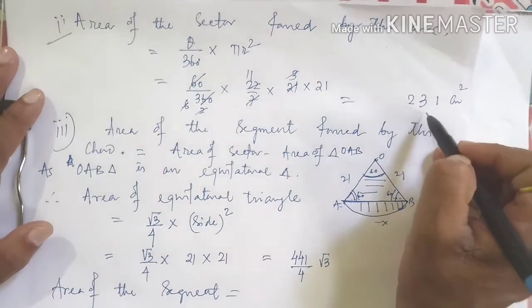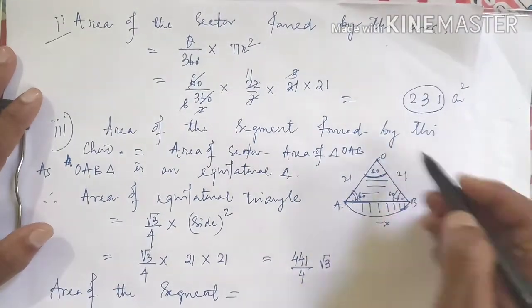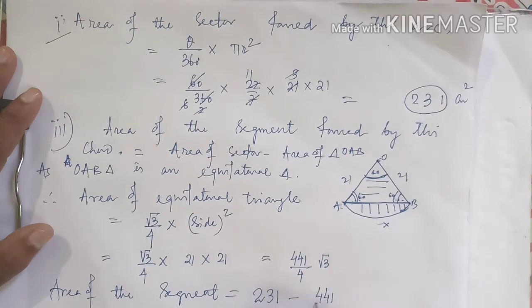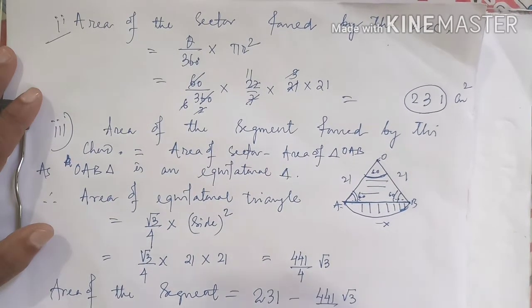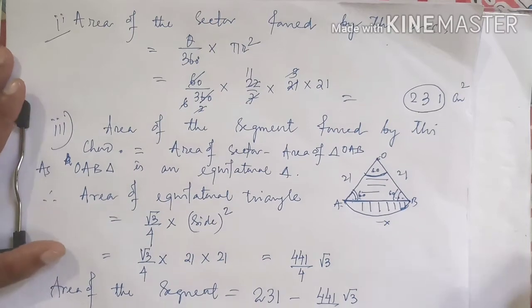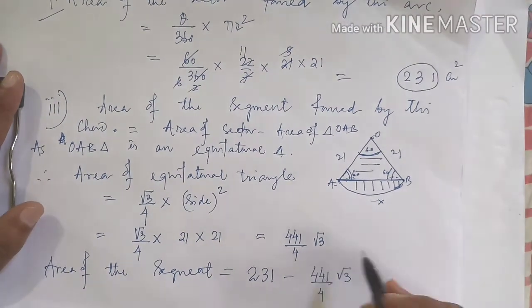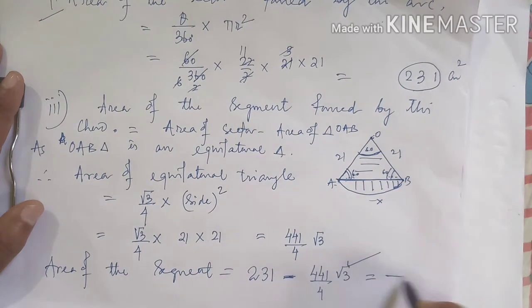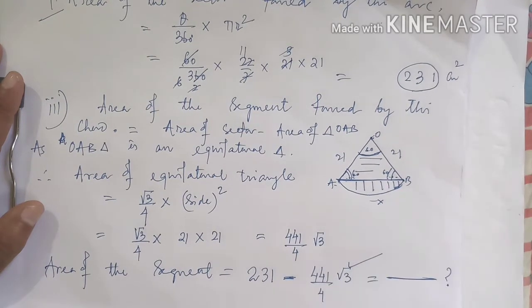Already we have calculated, 231 is the area of the sector. 231 minus 441 by 4 root 3. Now put the value of root 3 and subtract from 231. This is your task to calculate the value to find the area of the minor segment. Okay, students.